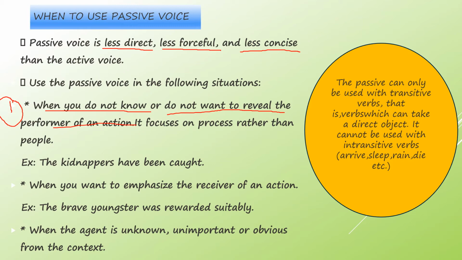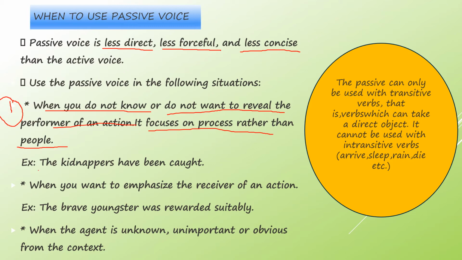So what will you tell? You will tell the class teacher, "Miss, the glass of the window pane has been broken," right? So here you are focusing on the process rather than the people. Your concern is that the window pane should be fixed and the broken glass pieces cleaned so that no one gets hurt.